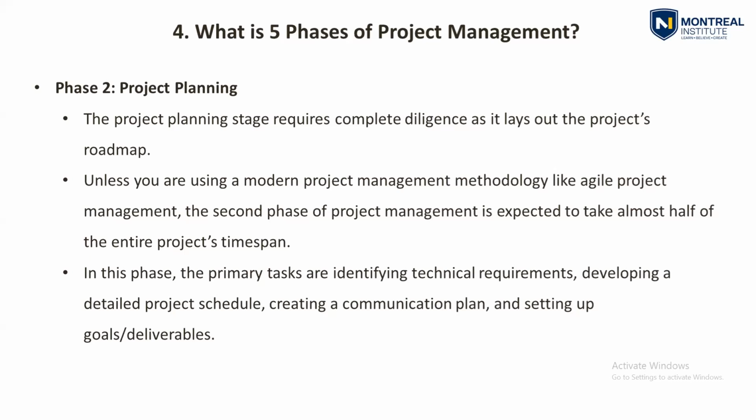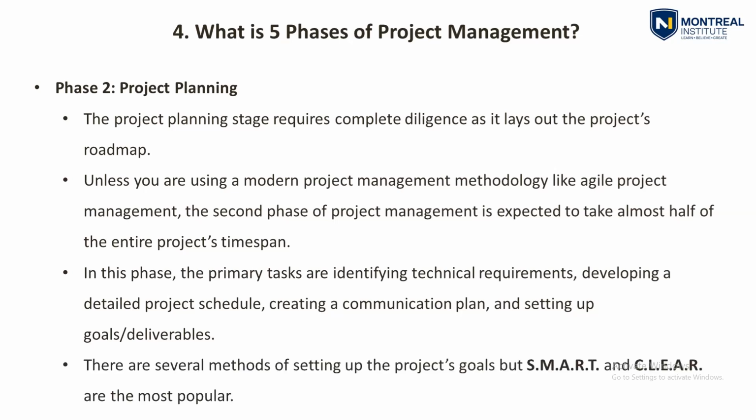They will develop a high level project schedule for the time frame within which they need to complete the project, and create a communication plan with the stakeholders. As I mentioned in the project initiation stage, they should have a communication plan with the stakeholders involved, and setting up goals or deliverables will be in the project planning phase.